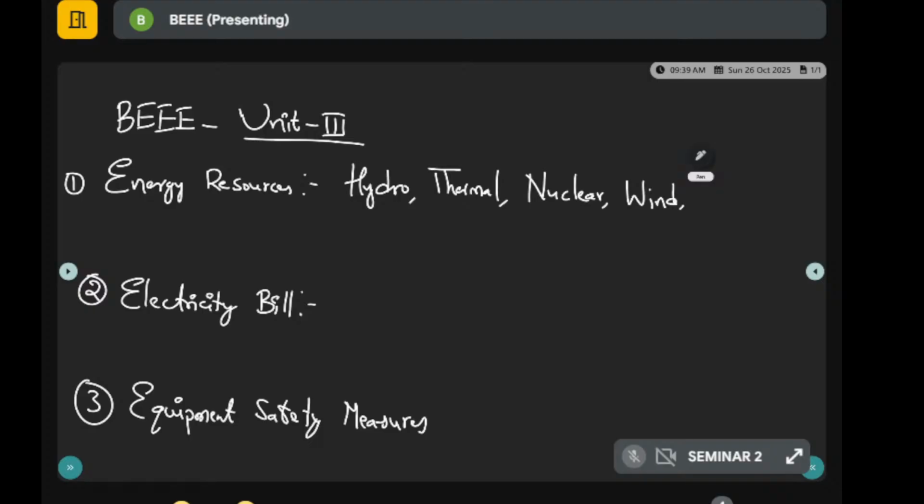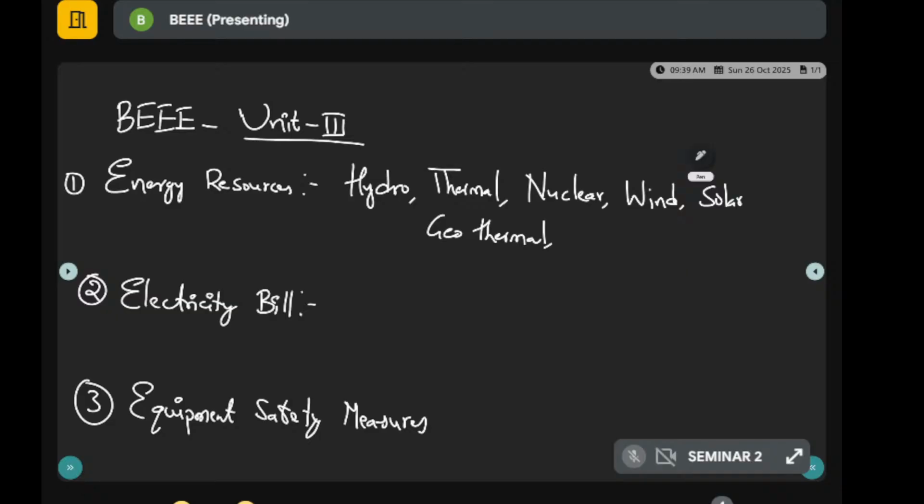Then solar, then geothermal. Geothermal means from the earth's core. The heat can be absorbed from the earth's core, and that heat can be converted into steam.